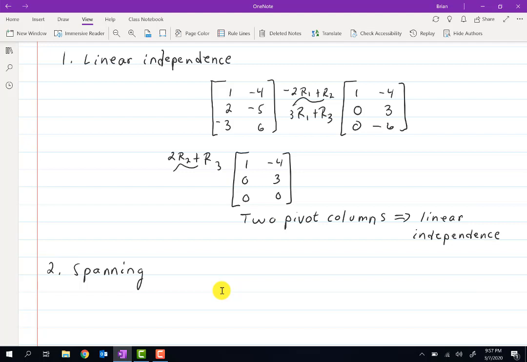In this case, we're going to let x = (x, y, z) be in R3.